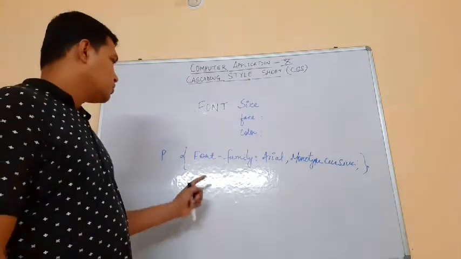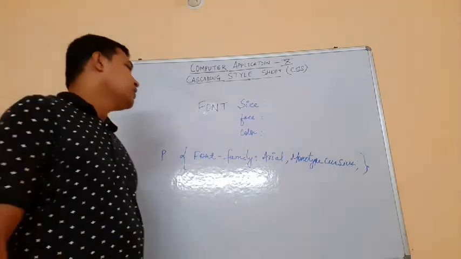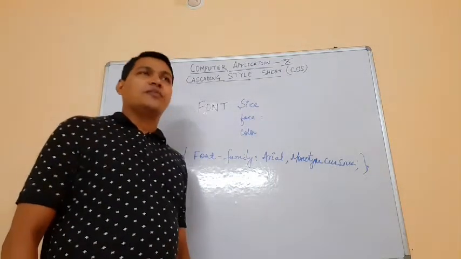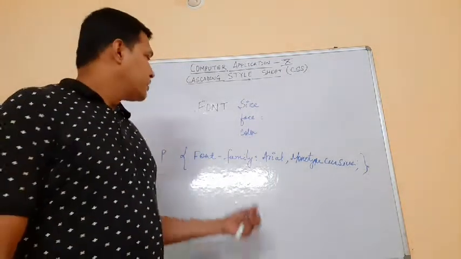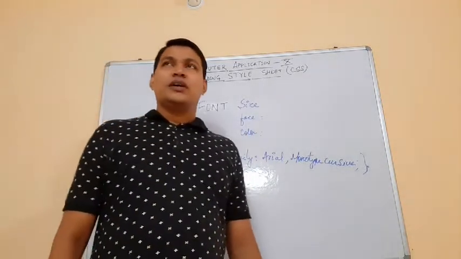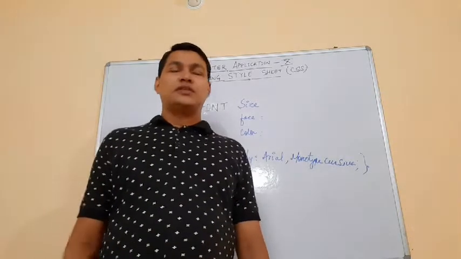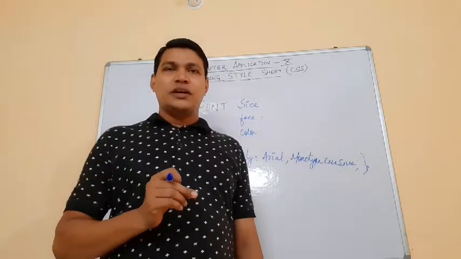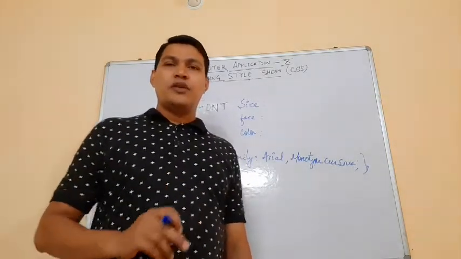But in today's video, I am going to discuss the font-family. Font-family is used to define the actual font in which you want to display the text in your web page.